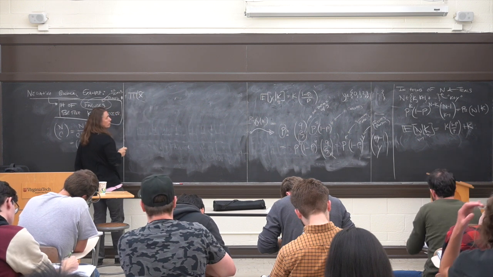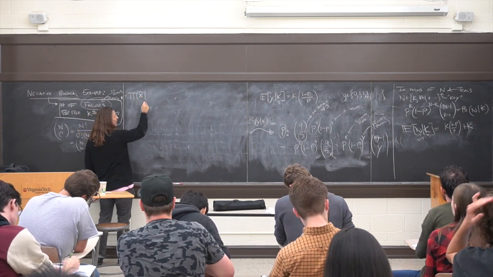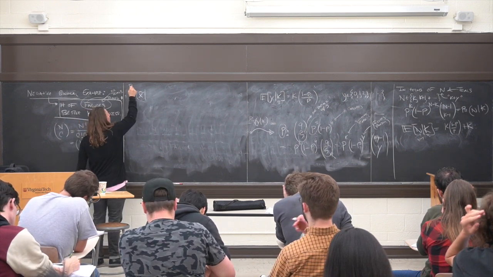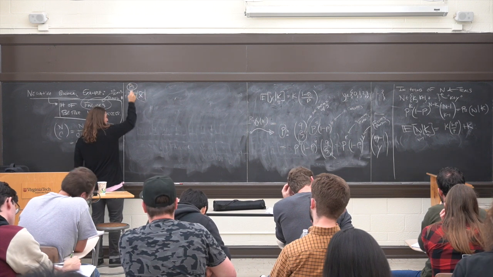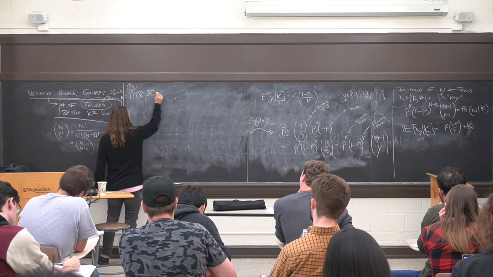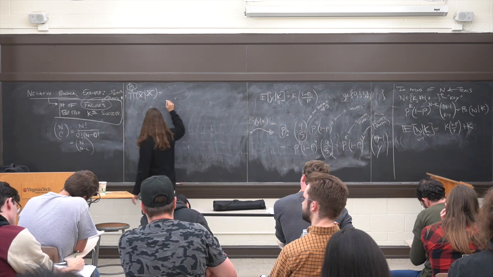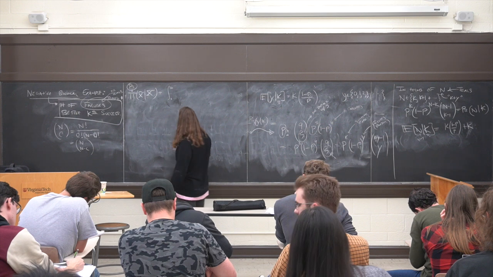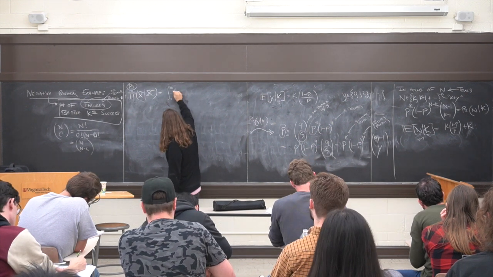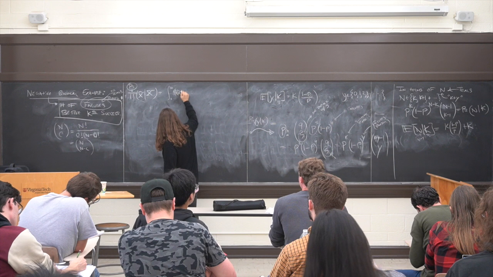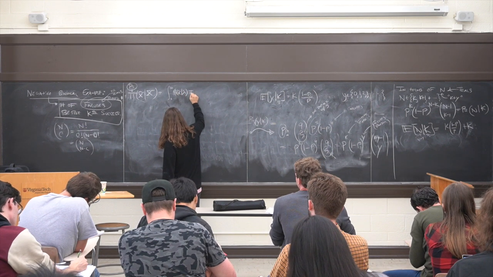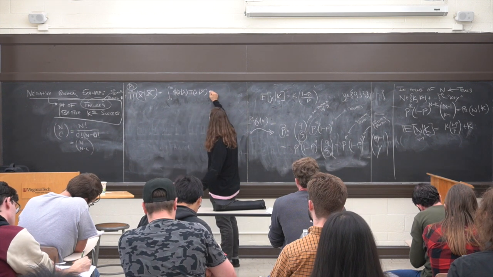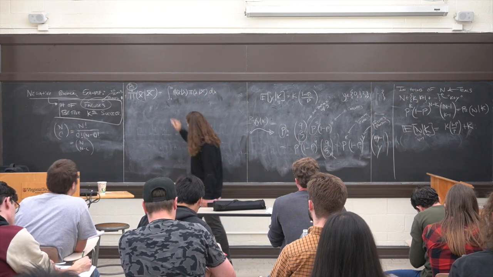X tilde, I can call this probability if you want. I just like to remind myself it's a posterior distribution, but this is a probability statement. So if you prefer to call that a probability, go ahead. This is going to be equal to the integral from 0 to infinity. We'll just write this out again. Probability of x tilde given lambda, pi lambda given x, d lambda.